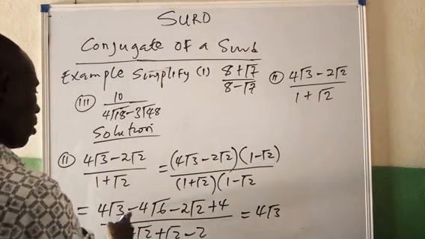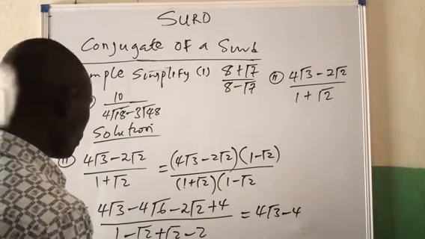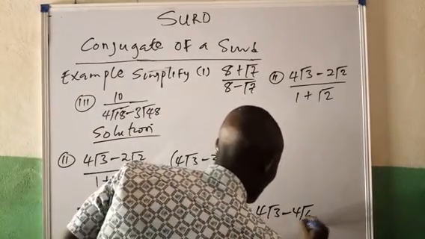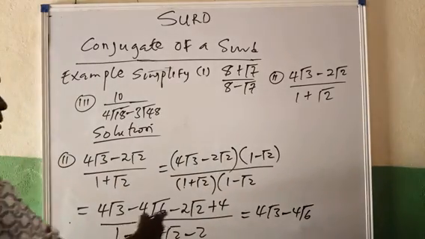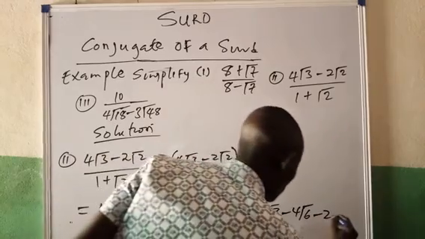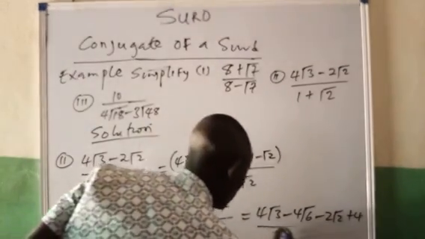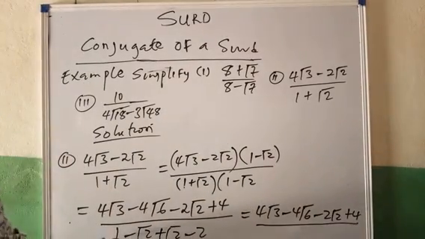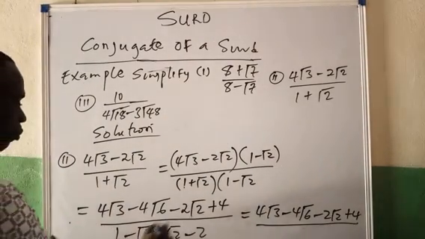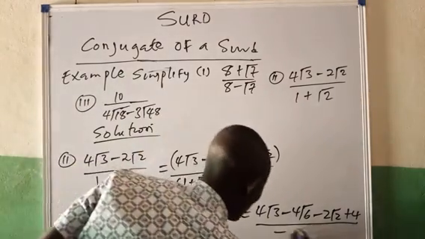So finally, we have 4 root 3, minus 4 root 6, minus 2 root 2, plus 4, everything over what do we have here? This will go, this will go. So you have 1 minus 2 to give you minus 1.